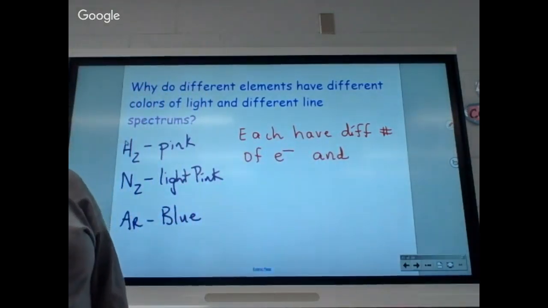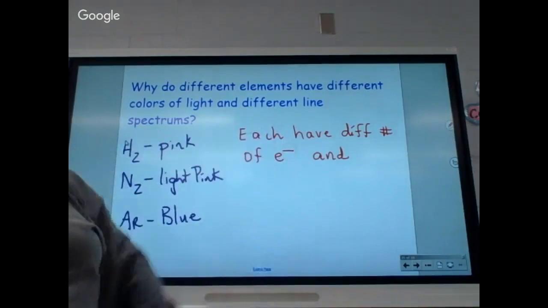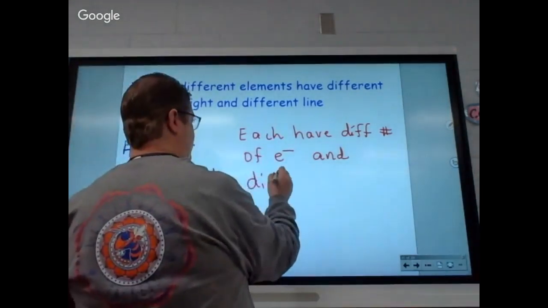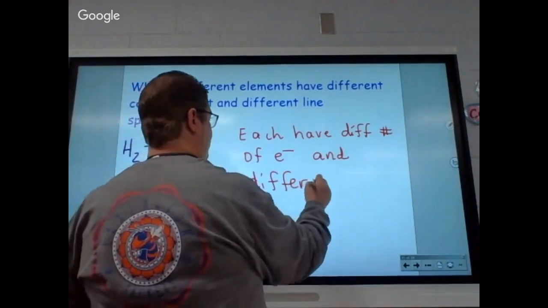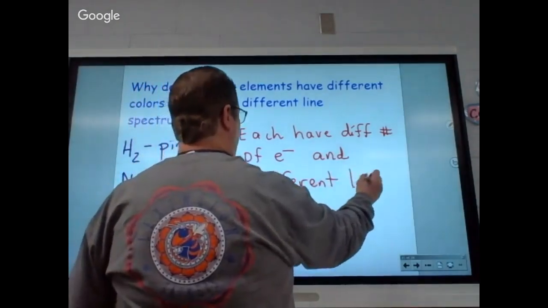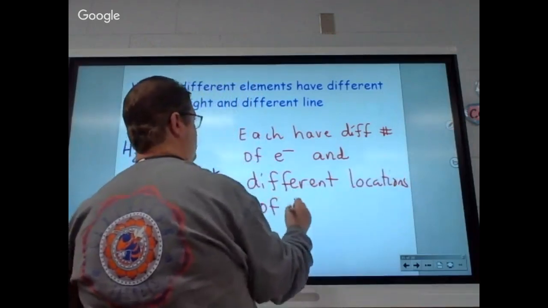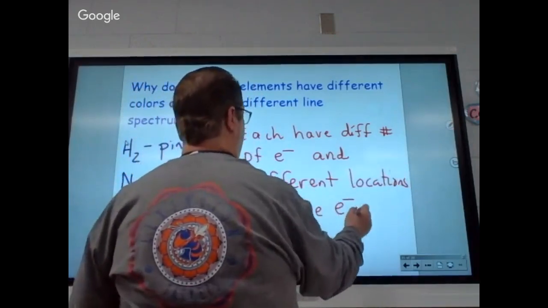It's about the electrons. You already said they're different numbers. Different locations of the electrons. Aren't they all on the electron cloud?